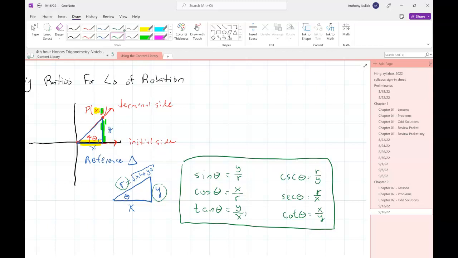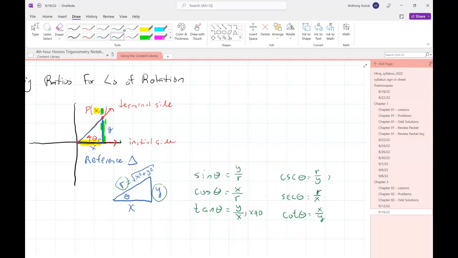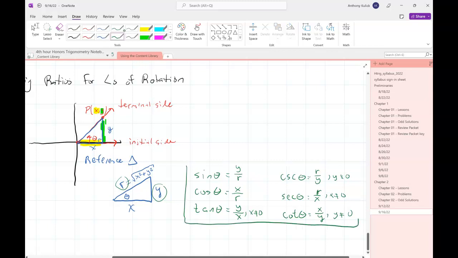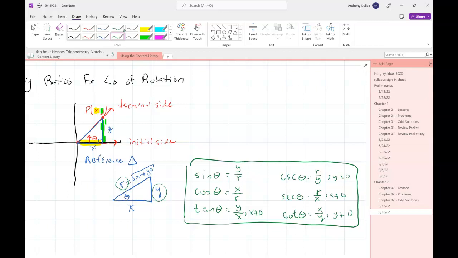Again, we should probably assume that x doesn't equal 0 and y doesn't equal 0. I don't have to worry about r equaling 0. Well, it's a length, right? It's the distance from that point to the origin.